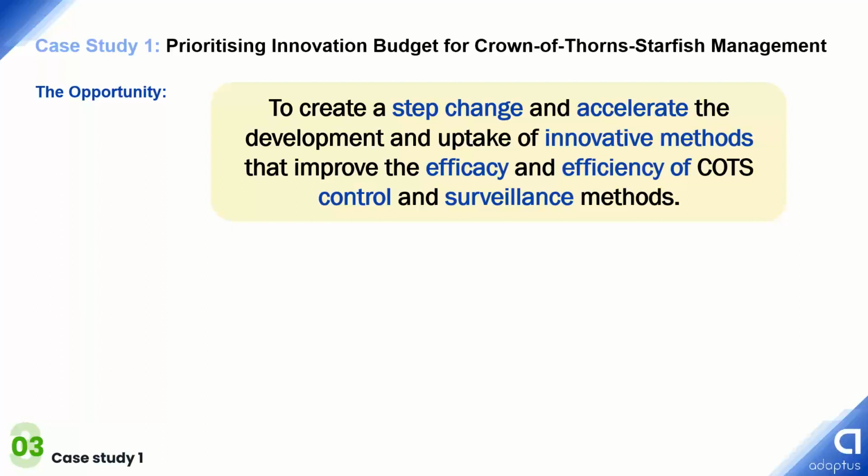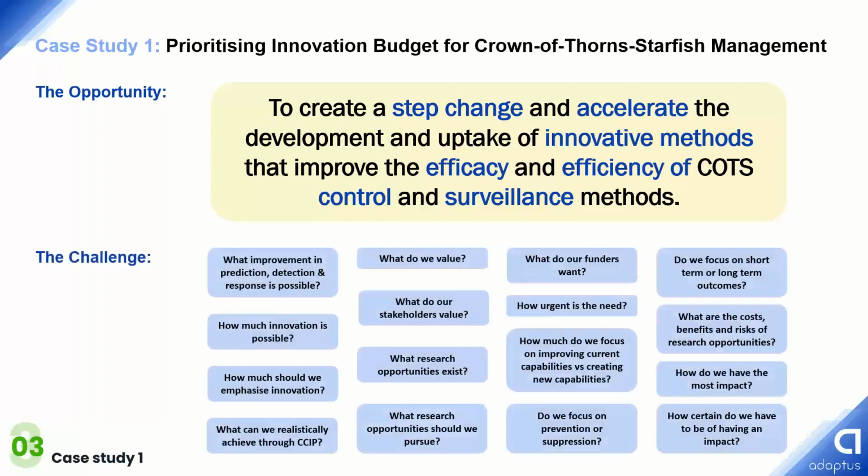And this opportunity was: how could we potentially create a step change and accelerate innovative approaches, both in terms of developing them and having people use them, that improve the efficacy and efficiency of COTS control and surveillance? So, how can we be more effective with how we manage COTS through a dedicated innovation program. Next slide.